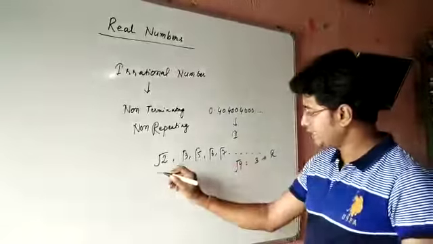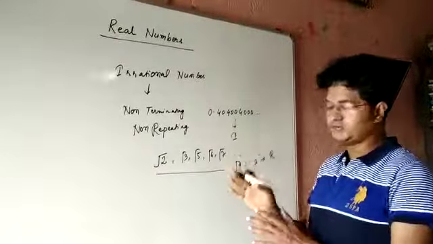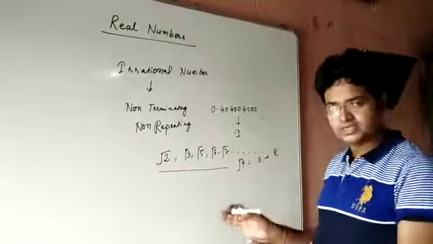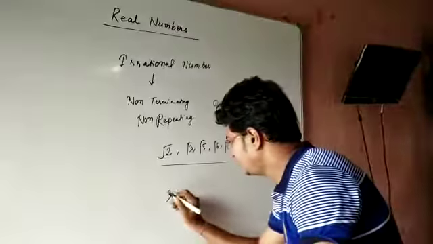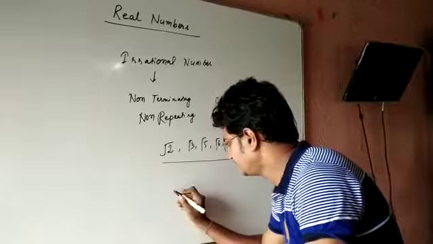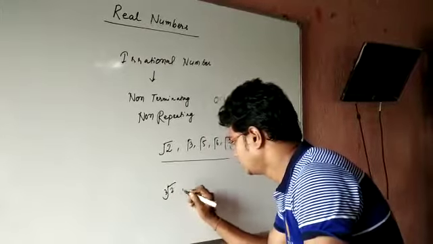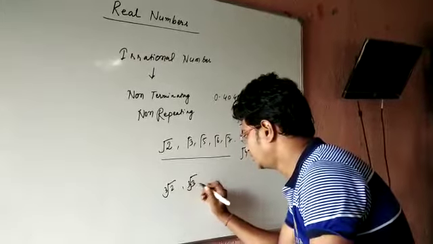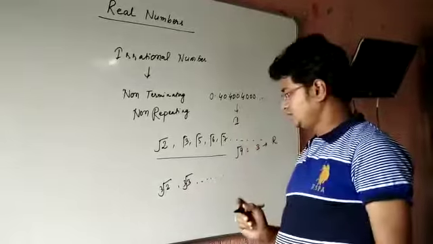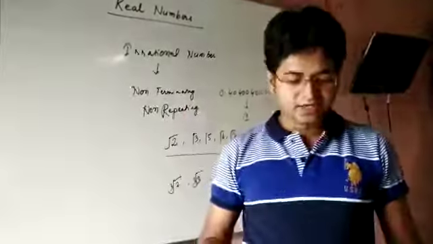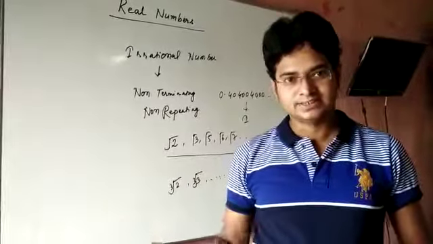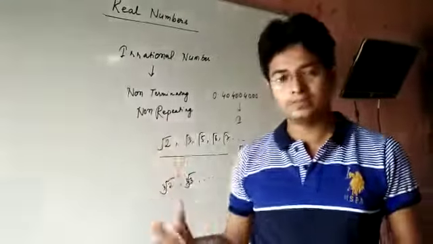If the square root is not a whole number, you can say it is irrational. In the same way, cube root of 2, cube root of 3, and so on. The remaining different types of questions will be discussed in the class. Hope you have understood the basic concept.